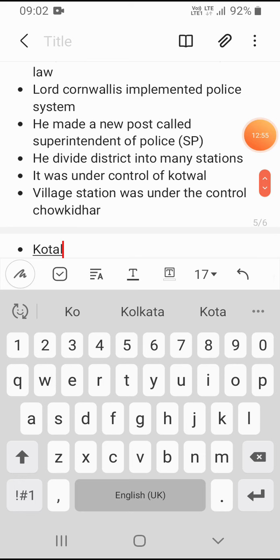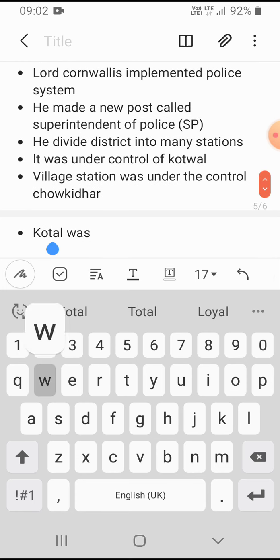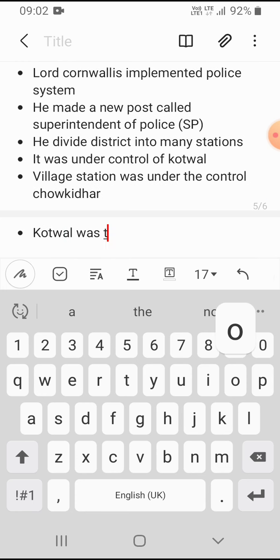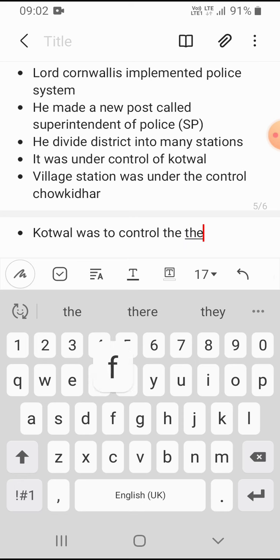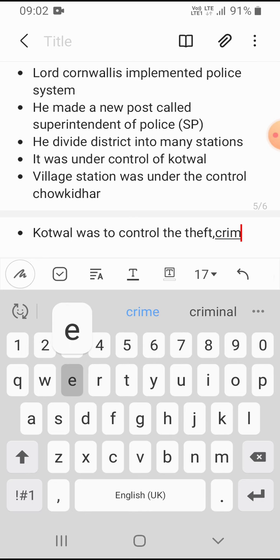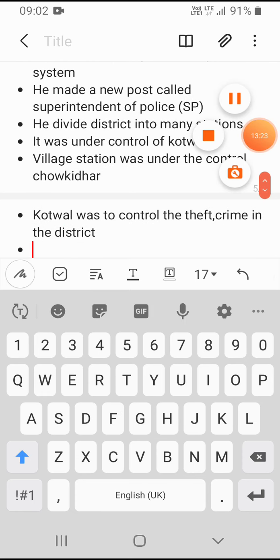The Kotwal was responsible for controlling theft and crime in the district.